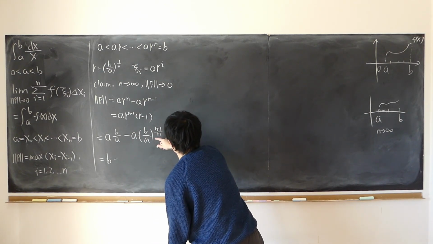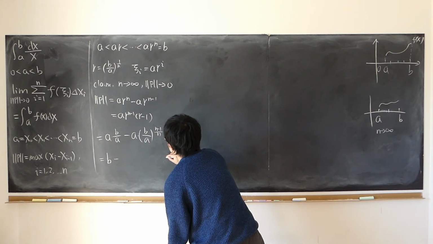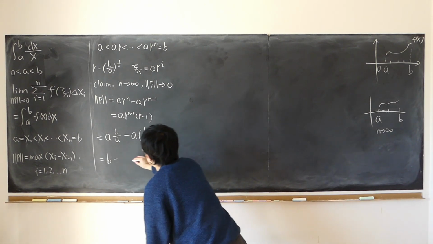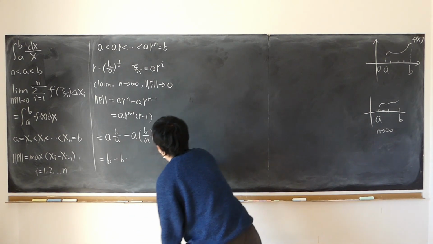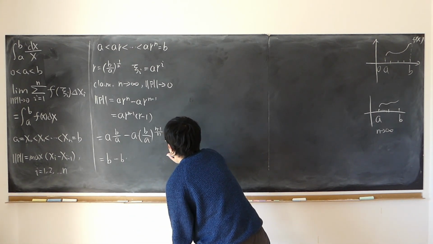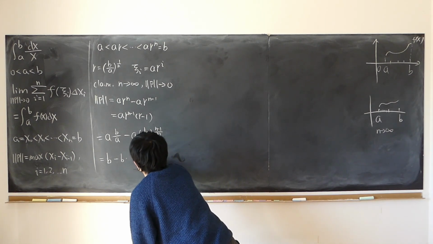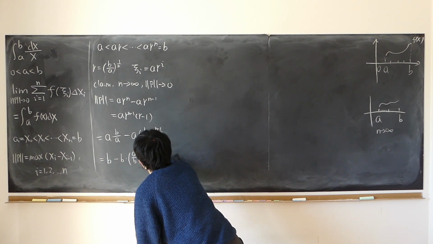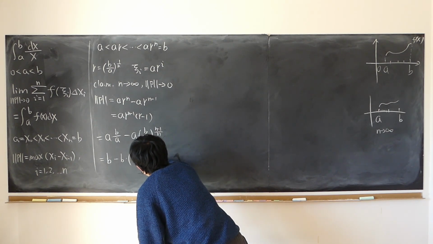The power becomes 1 minus 1 over n, split them up. And I have a times b over a to the power of 1. That is just b, right? Just b. Also, I have to times b over a to the power of minus 1 over n. That is its reciprocal, a over b raised to the power of 1 over n, right?